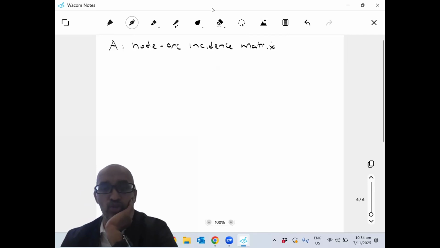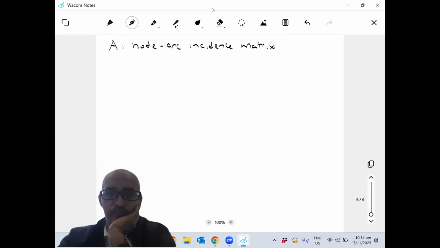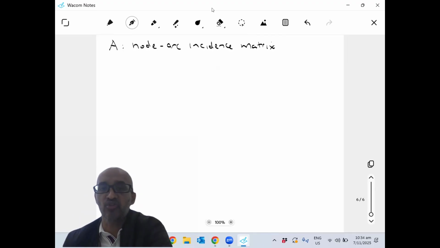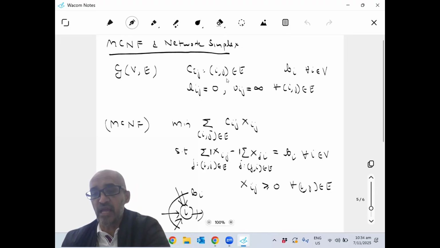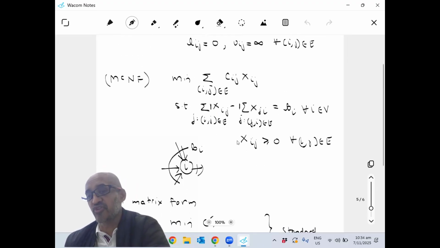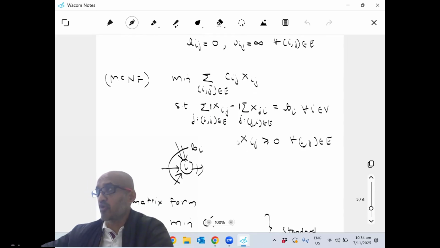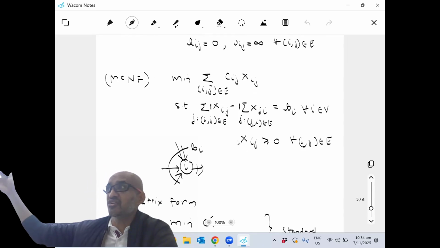Let's look at what this matrix looks like. Let me just tell you the definition. What is the size of this matrix? If n is the number of nodes and m is the number of edges, the number of rows in matrix A is the number of nodes, and the number of columns is however many edges there are in my graph.